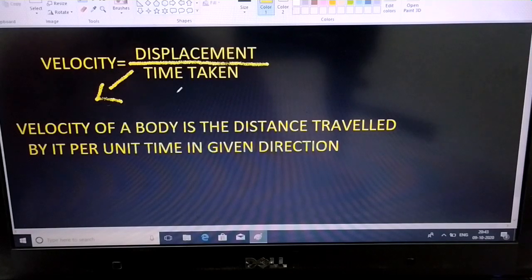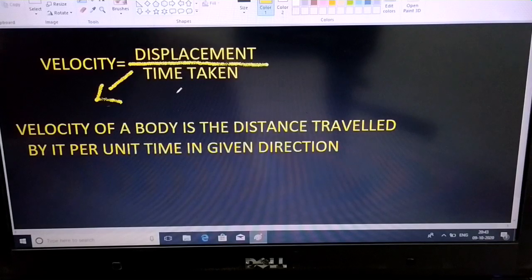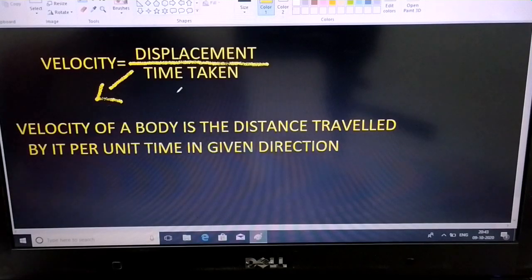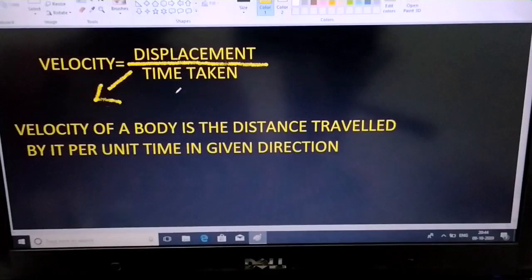The speed of a body is the distance traveled by it per unit time, but the velocity of a body is the distance traveled by it per unit time in a given direction.